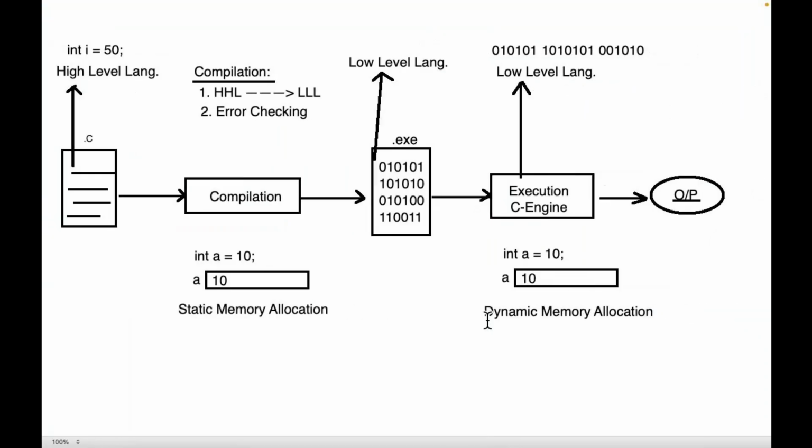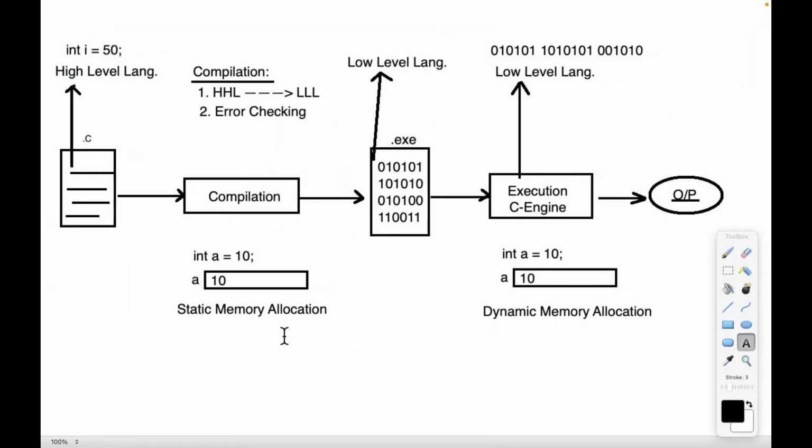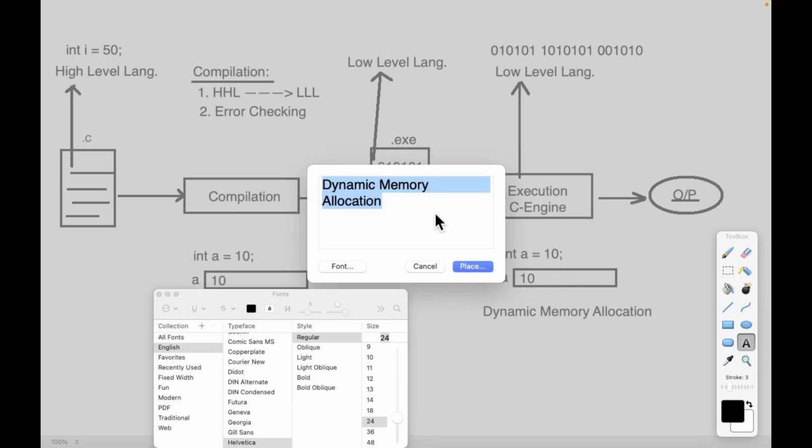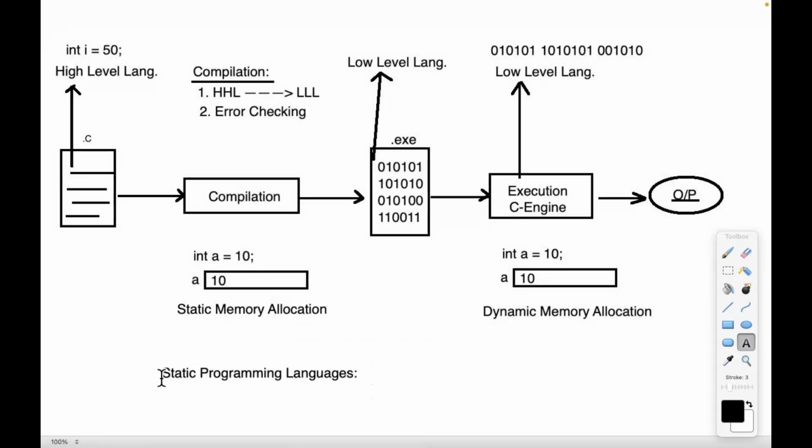Now my conclusion is: if any programming language is following static memory allocation, that is, memory allocation is going on at compilation time by the compiler, then the programming language is a static programming language.